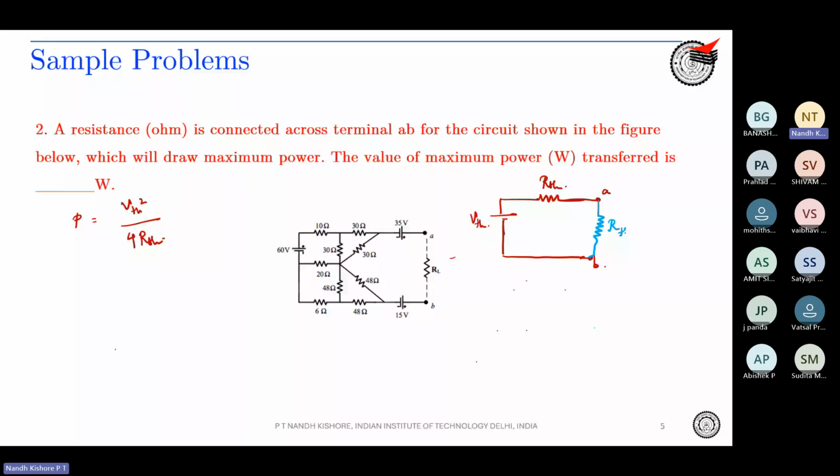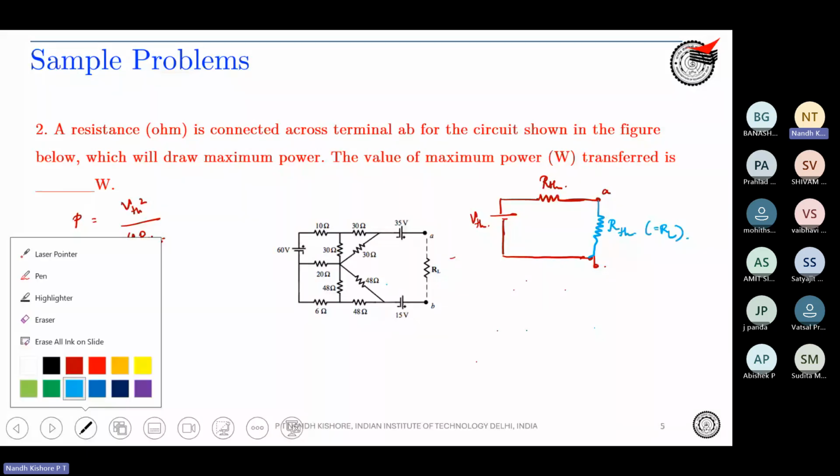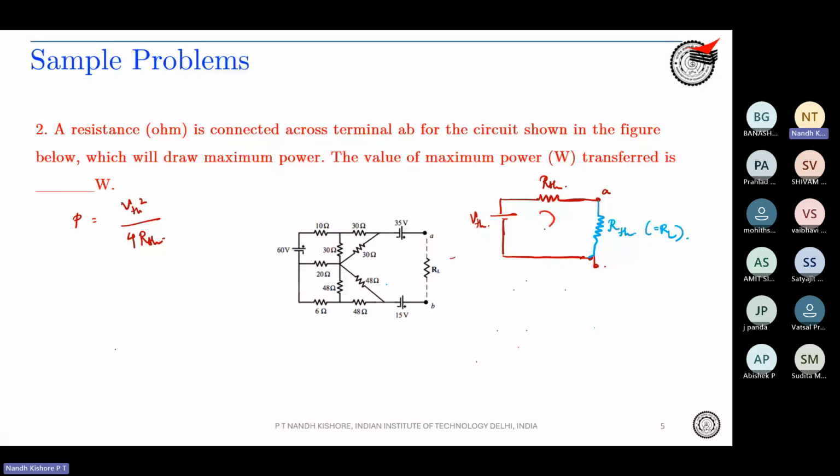So now you can understand the maximum power. This will be your I. I will be V Thevenin divided by 2 R Thevenin, correct? Therefore, your power P max will be I square R load, that is I square into R Thevenin.